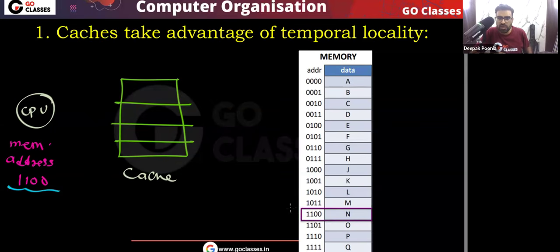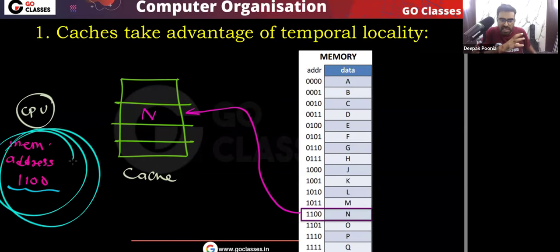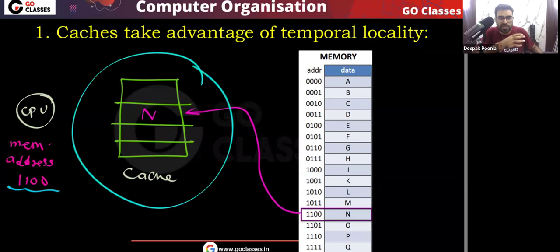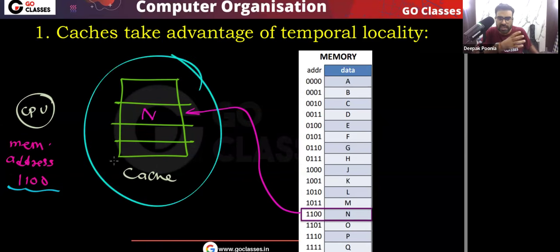From the main memory we will bring this data to the cache memory and put it here, so that by the temporal locality property, if the program again accesses this same memory address very soon, then next time we don't have to go to the main memory. Next time we can find this memory address in the cache memory and there will be a cache hit.